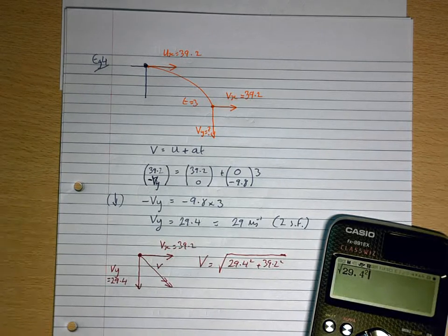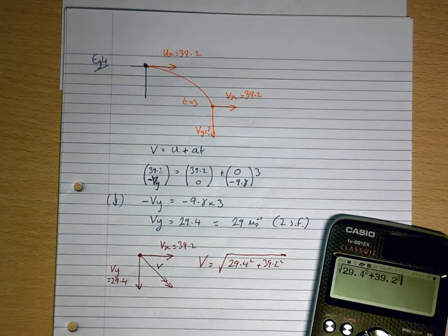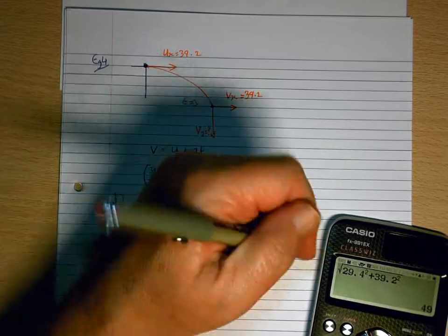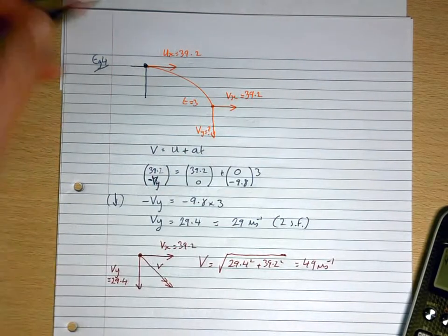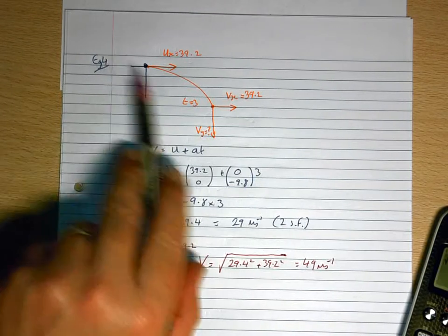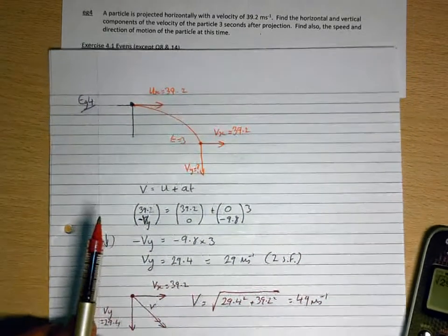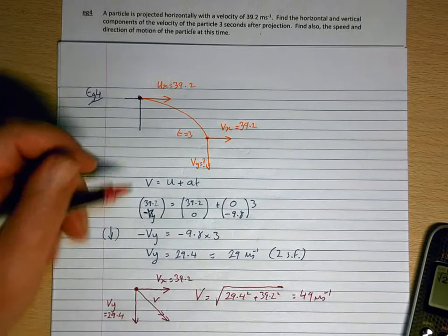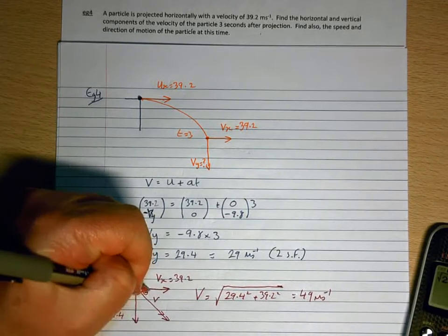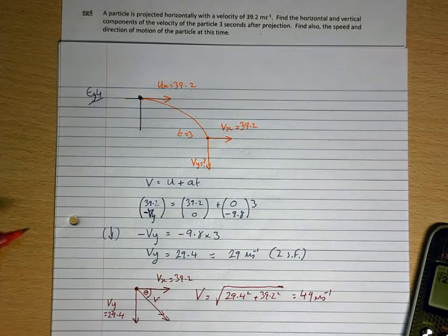So 29.4 squared plus 39.2 squared square rooted is 49 meters per second. And if we want to find the direction of motion, well, we'd measure that relative to the horizontal, so that would be theta.